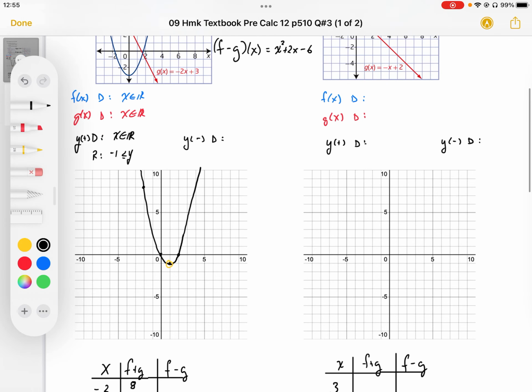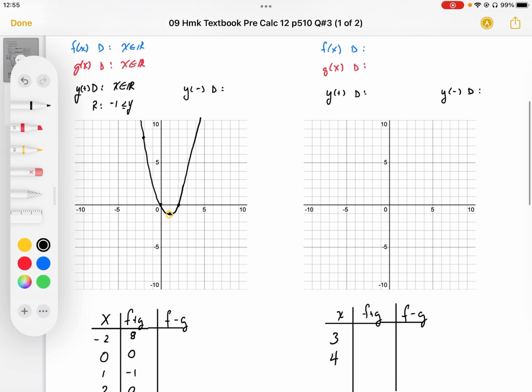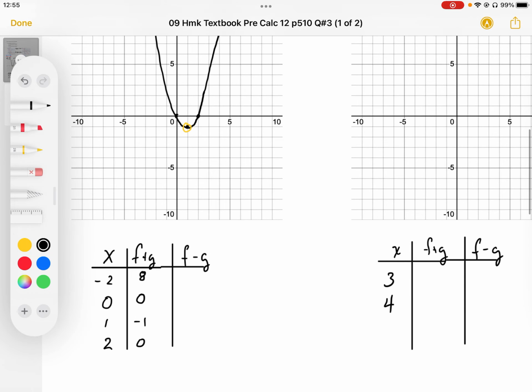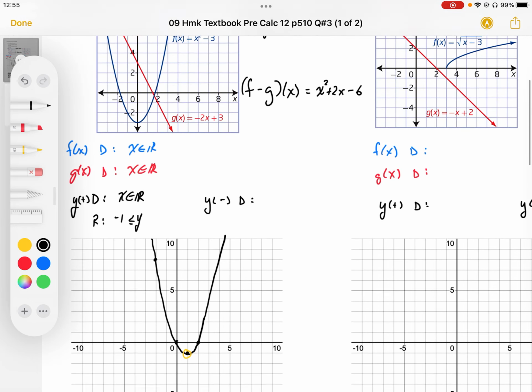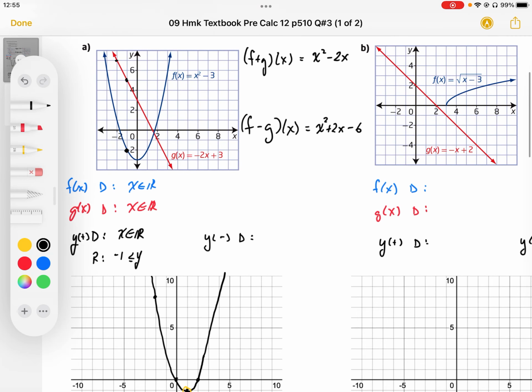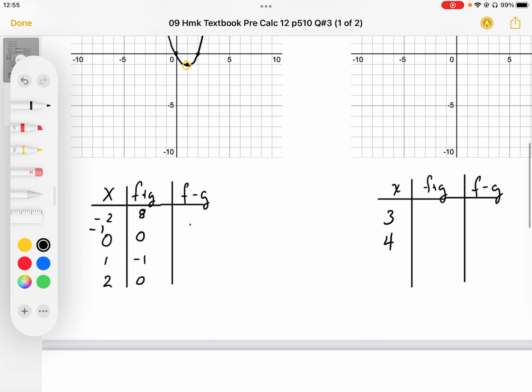So plotting some coordinates here, I probably should stick in a y coordinate of negative 1 in here, because that is a vertex. When I plug in the values for negative 1, I have negative 2, positive 5. So that's going to give me a vertex value of, it looks like, negative 6.